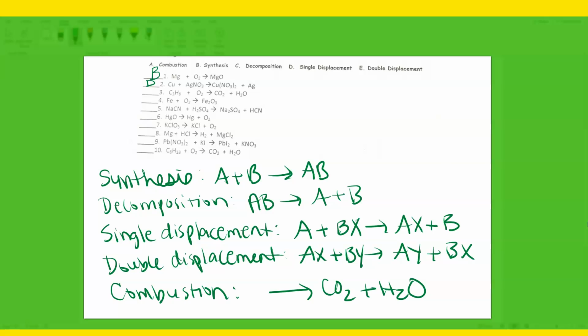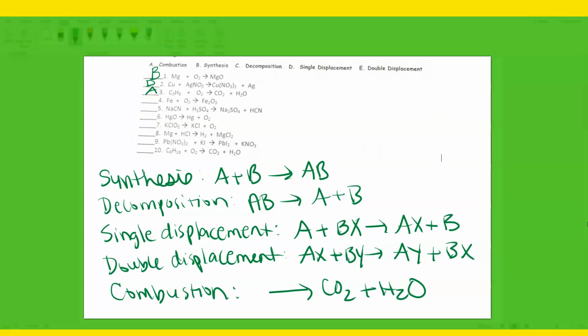Number 3, you have propane plus oxygen forming carbon dioxide and water. Well, based on what I just told you a moment ago, if you see CO2 and water on the product side, that's always a combustion reaction.